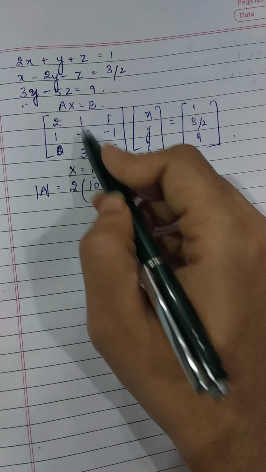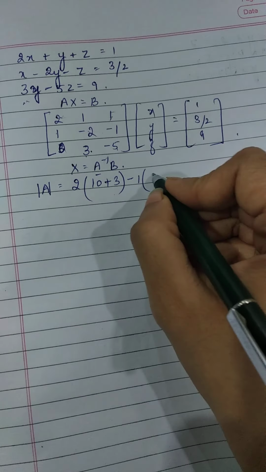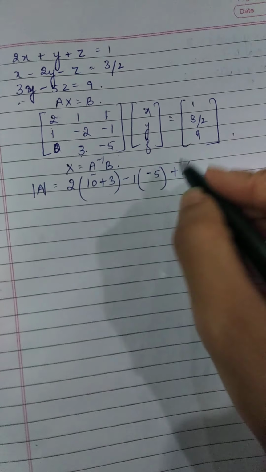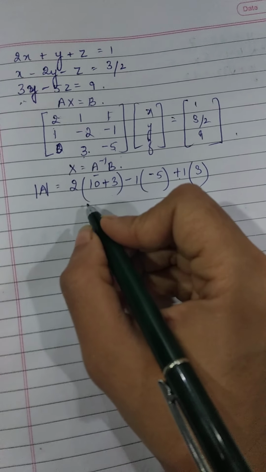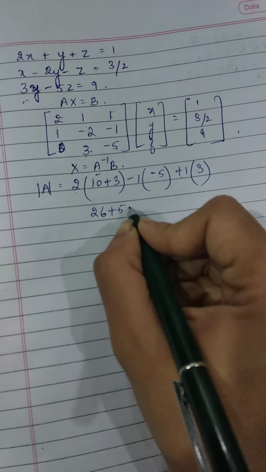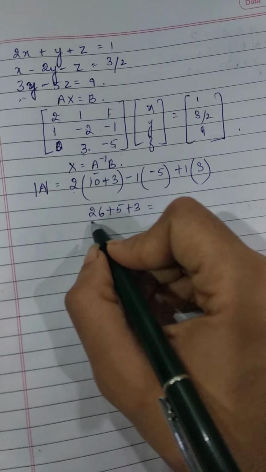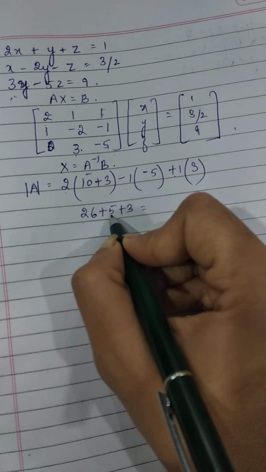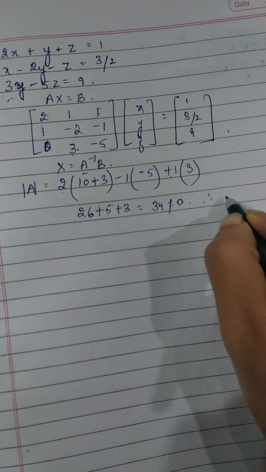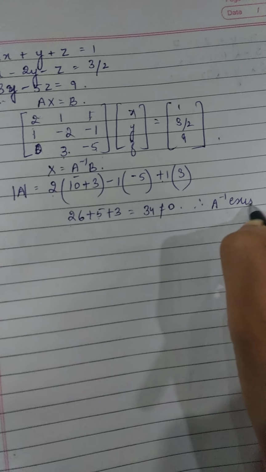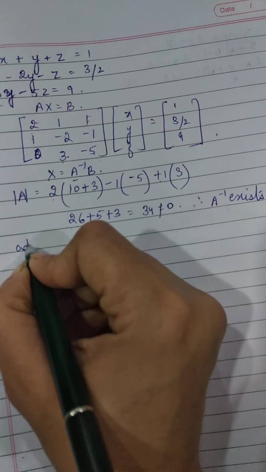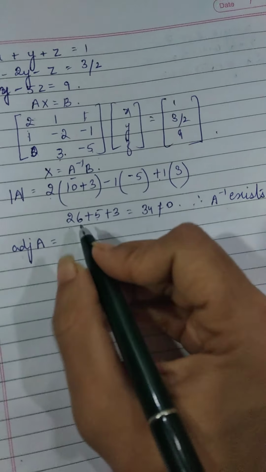Then -1, eliminate this, this is -5, and this is 1, eliminate this, so this is 3. So 2 into 13 is 26, plus 5 plus 3. 26 plus 5 gives us 31, 31 plus 3 gives us 34, which is not equal to 0. Therefore, A inverse exists.